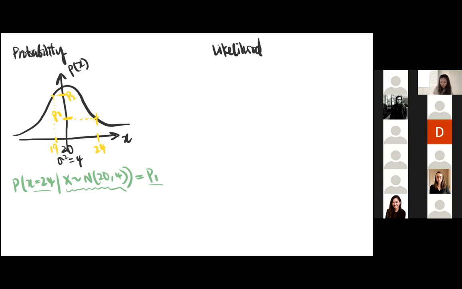Typically, you don't write this given part because that's just assumed. But if you want to be very comprehensive about your probability, that's how you would write it out. Given that you're assuming that your puppy weights follow this distribution, the probability of having a puppy weighing 24 pounds is P1. Probability of having a puppy weighing 19 pounds is P2. Okay, so hopefully that is clear.